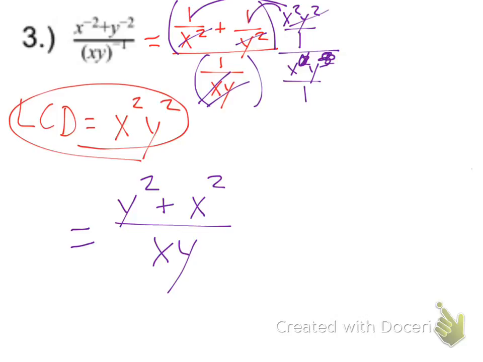This is your answer. For some, you would say that doesn't look any more simplified than the original problem. But here's the thing: there are no negative exponents and no fractions within fractions. So that is as far as you can go. Okay?